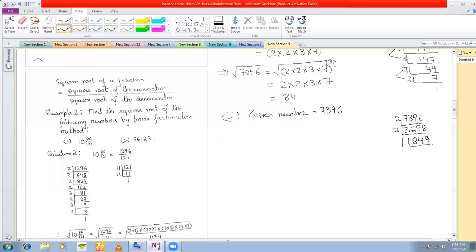Now, is 1849 divisible by 3? See the sum of the digits: 1 plus 8 is 9, 13, 22. This is not divisible by 3, neither by 4, 5, 6. Let's check whether it is divisible by 7. It is not divisible by 7 either. Is it divisible by 8? No. By 9? No.